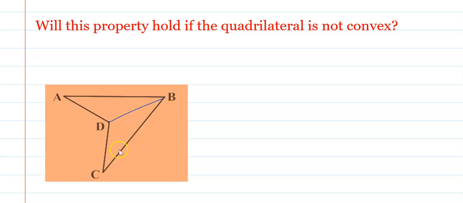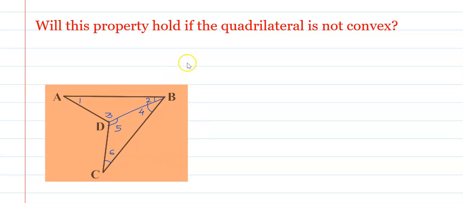Then here we will get two triangles. Here is angle 1. This is angle 2 and angle 3. This is angle 4. Angle 5, and this is angle 6.